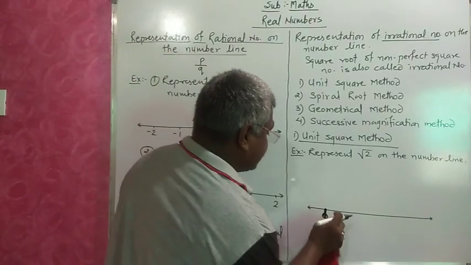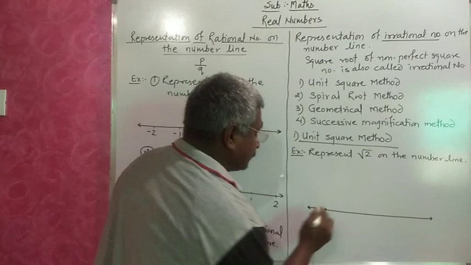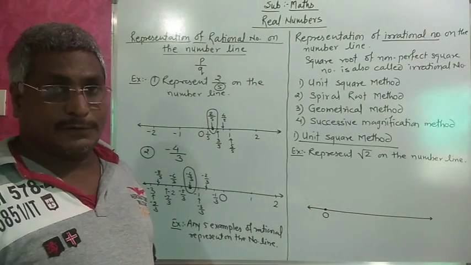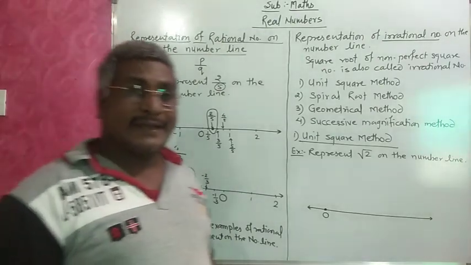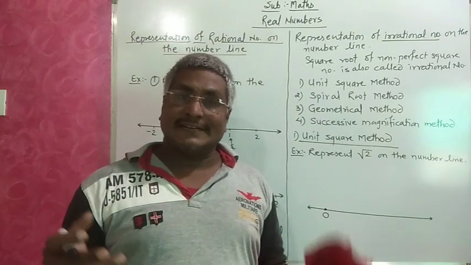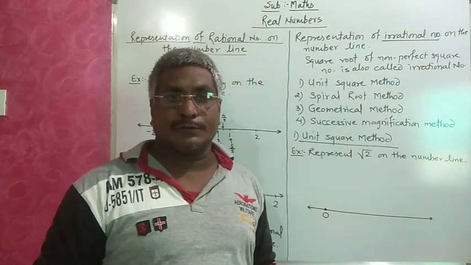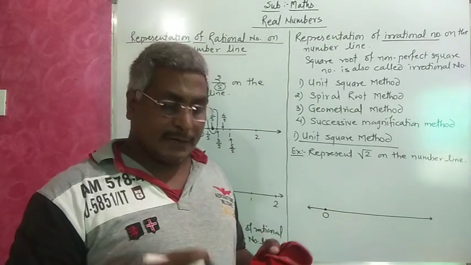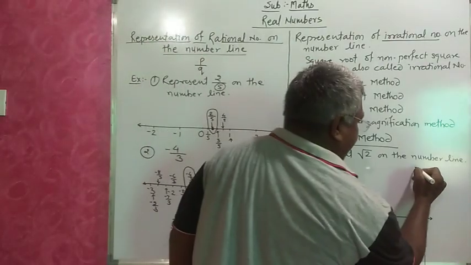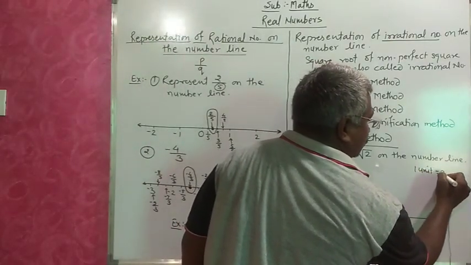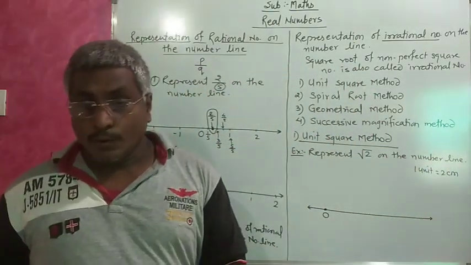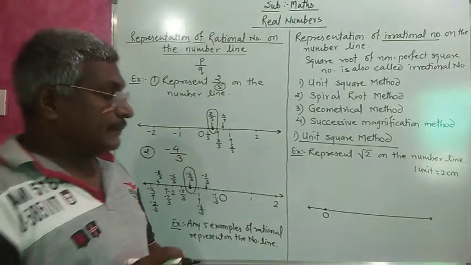We fixed 0 here. Now for 1 unit you can take 1 centimeter, 2 centimeter or 3 centimeter. It depends on you, student. It is not compulsory, but whatever you take, that should stay fixed. Suppose here I am taking 1 unit equals 2 centimeter.